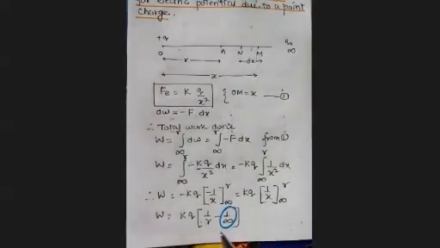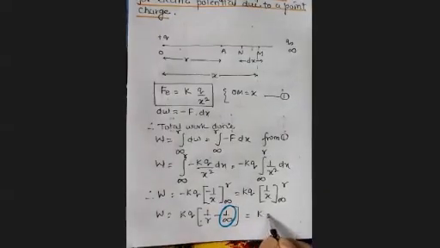So if this is 0, then the work value will become K into Q upon R.